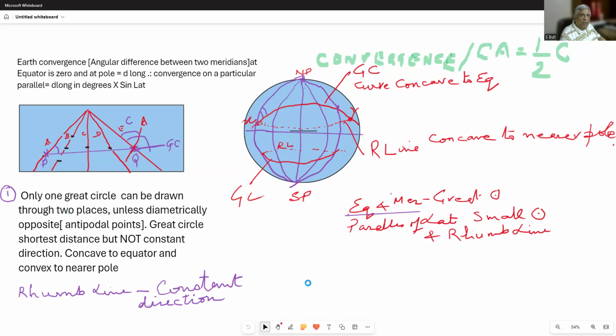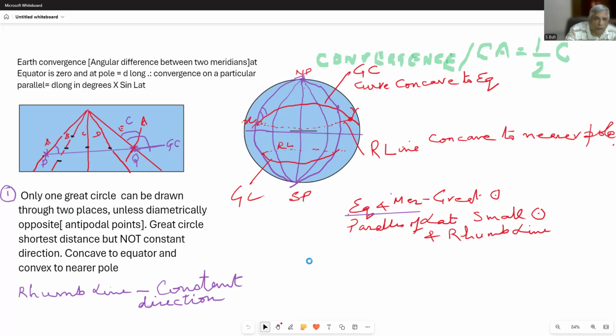This network is imaginary and drawn on your maps and charts. And it is called graticule. We will further study this network and find out some more definitions connected with the Earth.